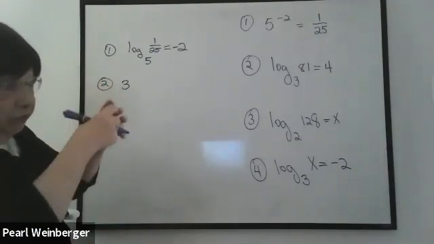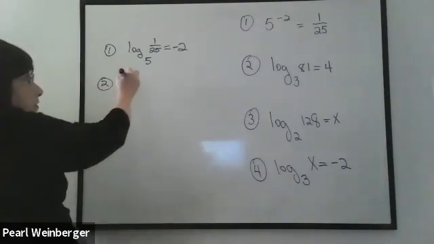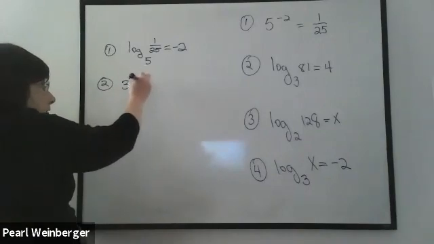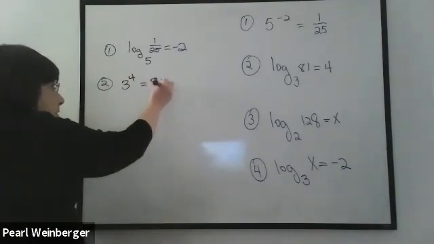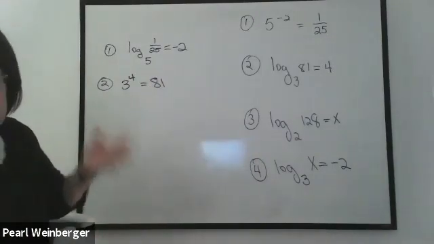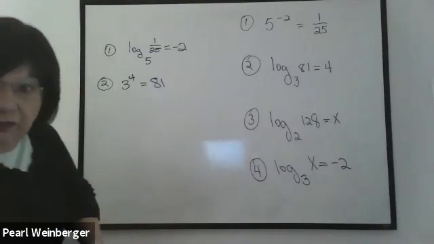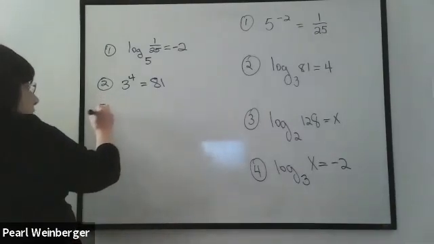Log is another word for exponent. Log equals exponent equals. The exponent in this case is 4. That equals the third number, the 81. And of course, that is also a true statement because 3 times 3 times 3 times 3 will give you 81.